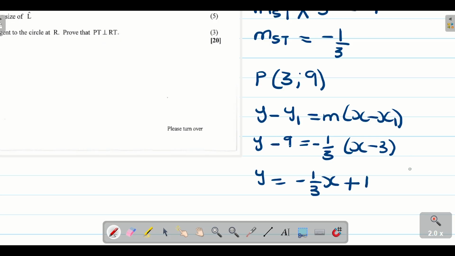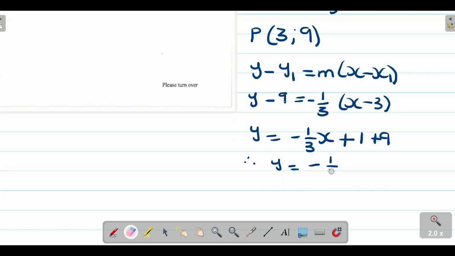And then you bring the 9 to this side, and it will change the sign to become positive. It'll be positive 9. So therefore, y is going to be equal to -1/3 x plus 10. So we found the equation of the tangent.